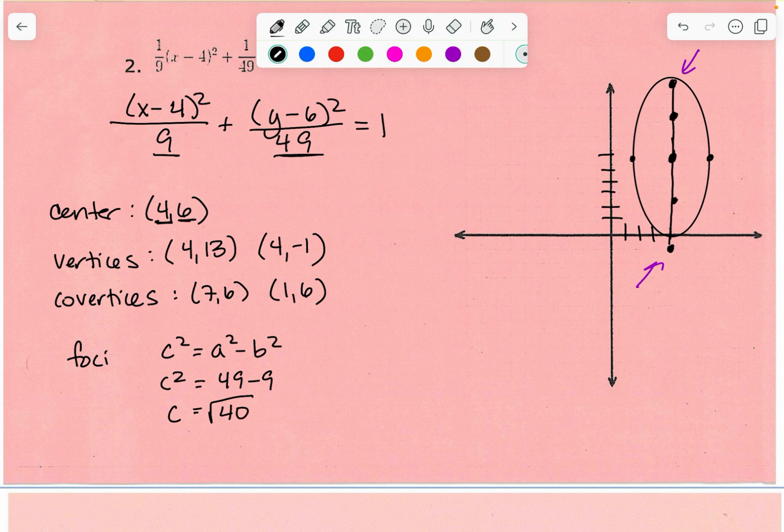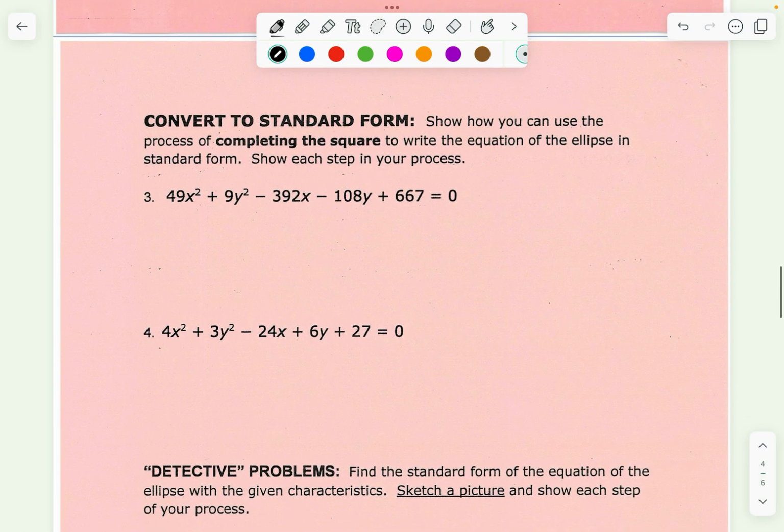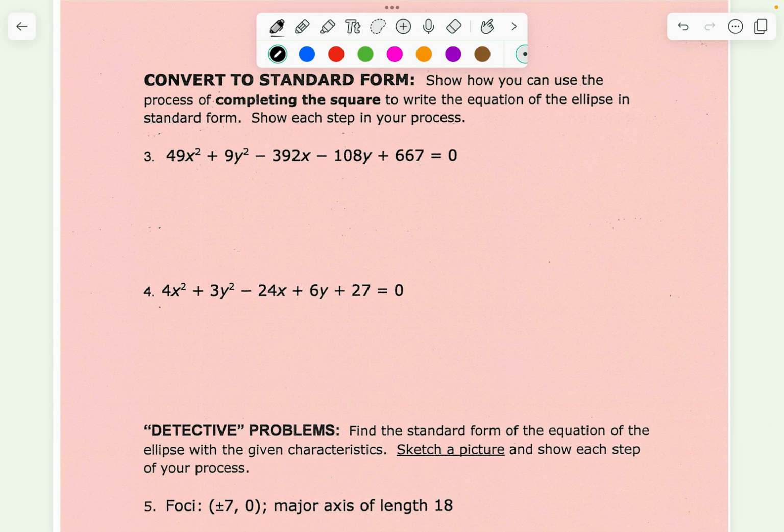So your coordinate points, you go 4, comma 6 up the square root of 40 and 4, comma 6 down the square root of 40. Those are your foci.